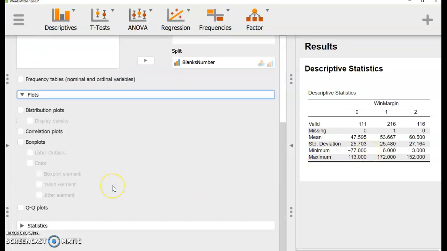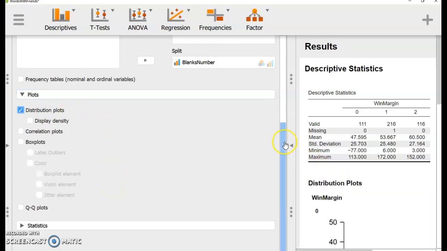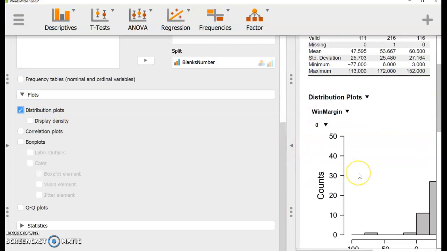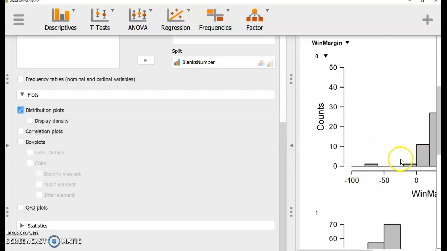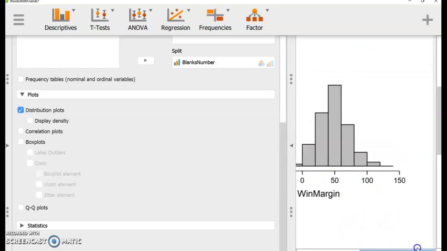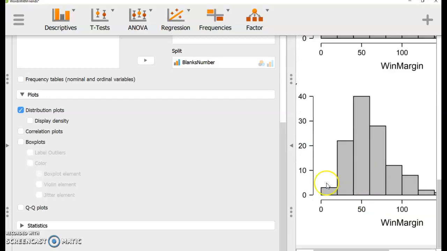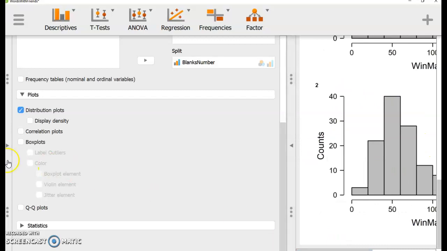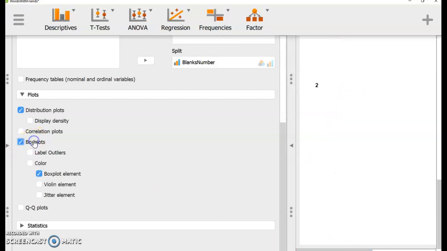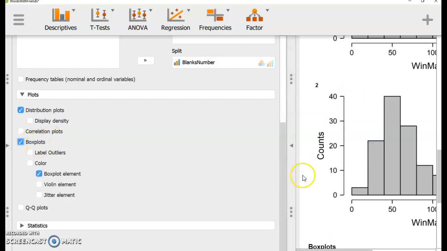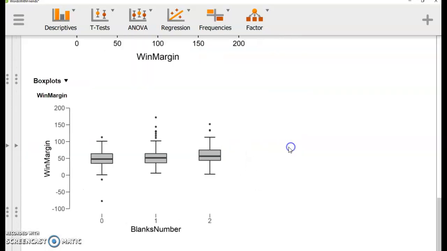We can also go to the plots here and take a look at distribution plots. This doesn't really help us too much, although we can check whether or not it's normally distributed within each group here. More importantly, let's grab the box plots for the 3 groups.